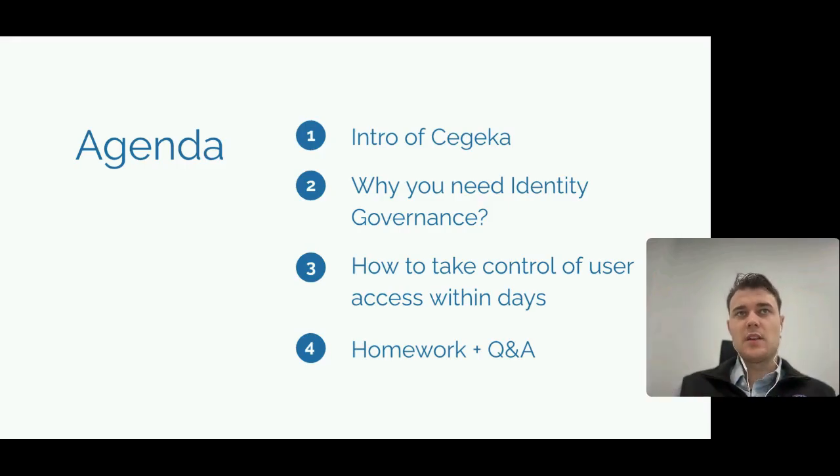And then we're going to zoom in on how you're able to take control of user access within days, really zooming in on the lightweight approach, how to do that fast, and with as little effort as possible. As we all know, organizations are busy. Security is important, but it always needs to be prioritized, so we need to make it as easy and adaptable as possible.